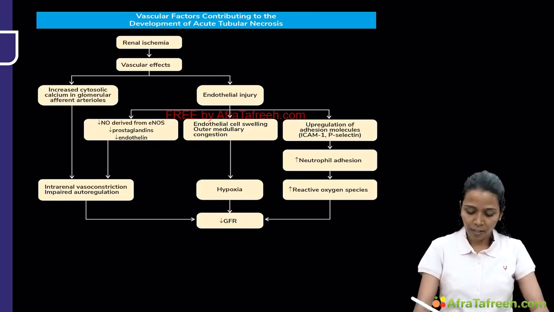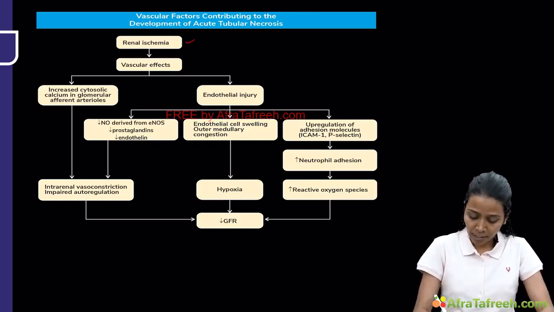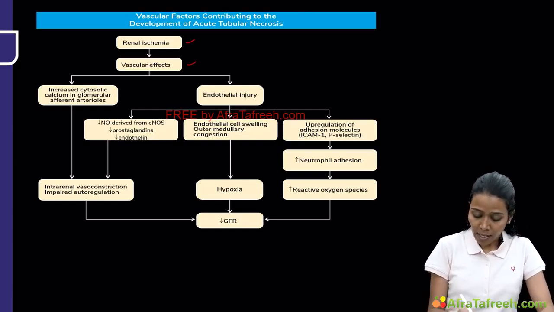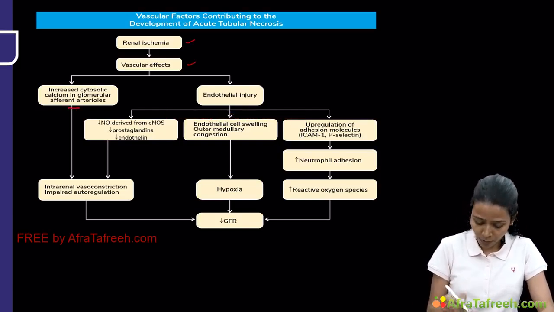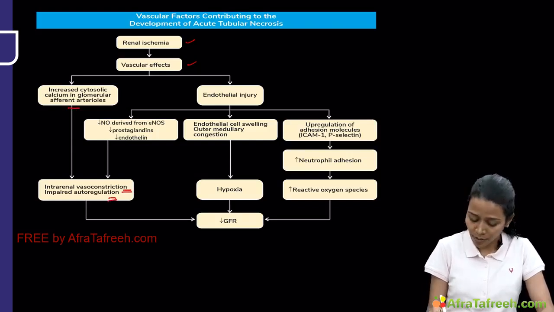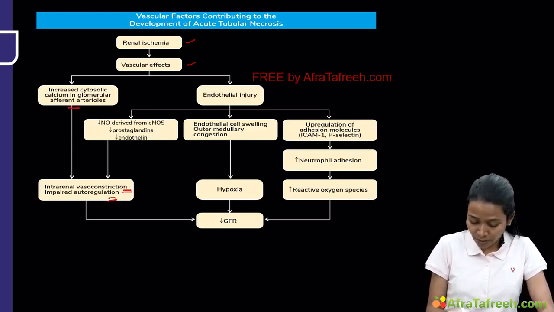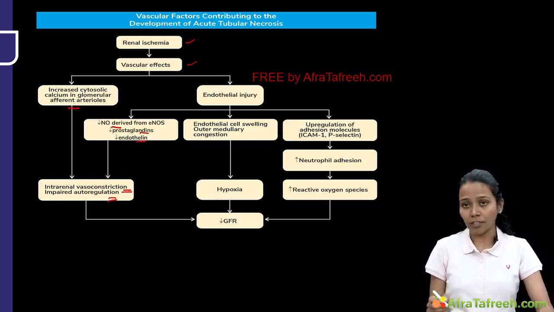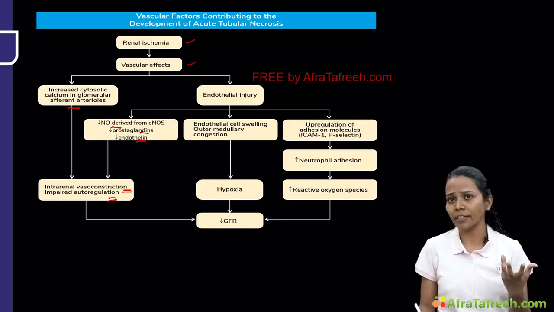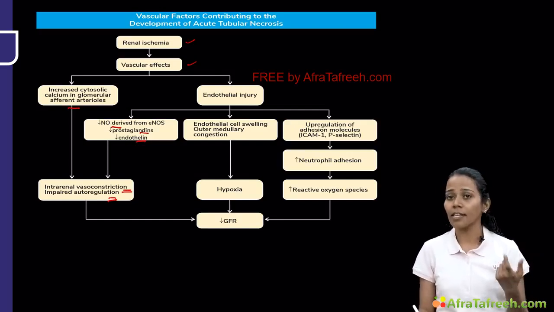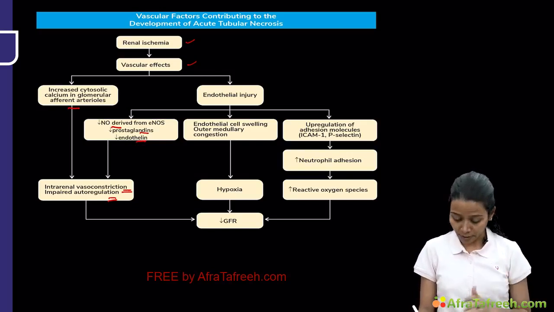Now, these are the effects. Once there is renal ischemia, the vascular effects are seen. That is, there is increased cytosolic calcium in the glomerular afferent arterioles, which is going to lead to intrarenal vasoconstriction and impaired autoregulation. Endothelial injury will happen. This will reduce the nitric oxide, prostaglandin and endothelin. So nitric oxide and prostaglandin, especially prostacyclin, act as vasodilatory factors, which are reduced.